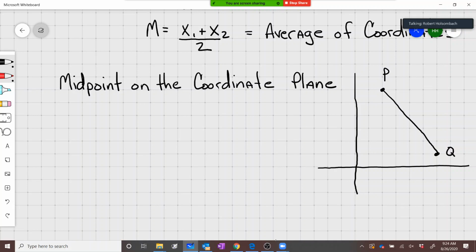PQ has an x sub 1 and a y sub 1, just like it did when we were doing the distance formula.